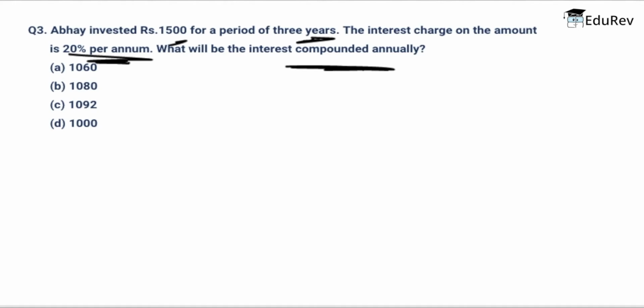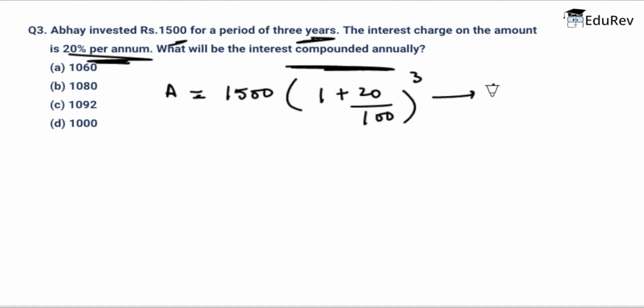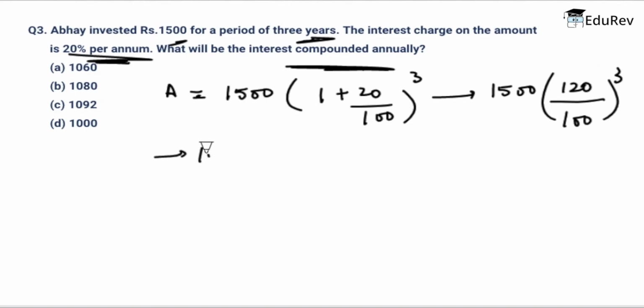The formula is A equals 1500 into 1 plus 20 upon 100 whole cube, which is nothing but 1500 into 120 upon 100 whole cube, which is 1500 into 1.2 whole cube. So when I solve, A is going to be what?